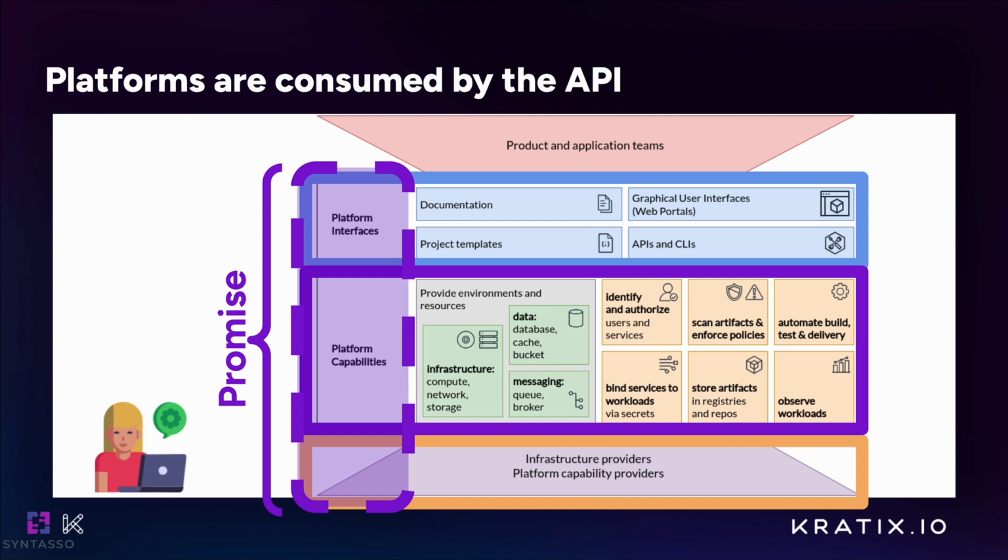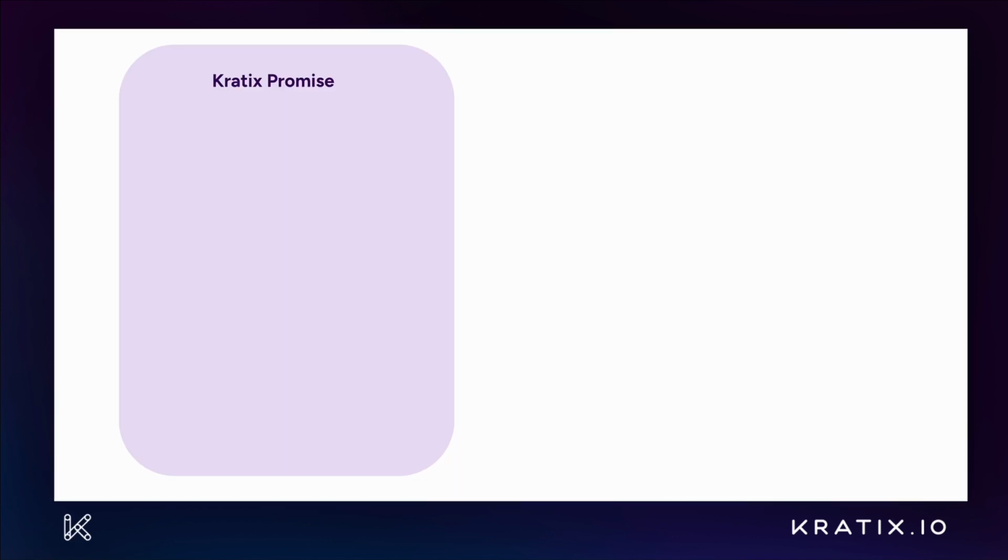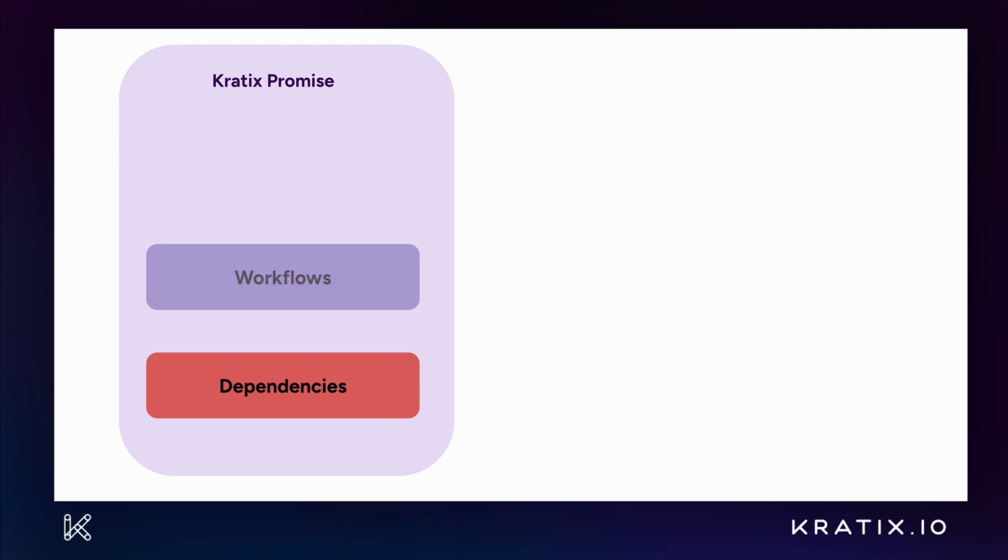And to create these self-service capabilities as promises, you have to define a few key attributes. The first attribute is the dependencies. These are things that you depend on in order to offer your service. These can be managed completely by Kratix, or they can be things that already exist. The next is workflows.